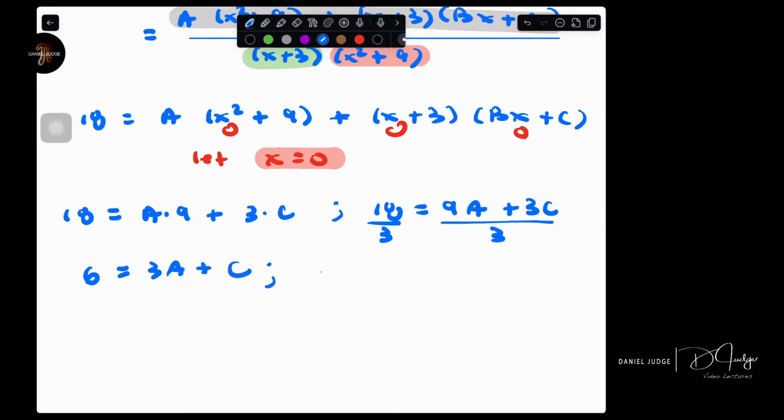Or we can say 3a plus c equals 6. Okay. So we get an equation.